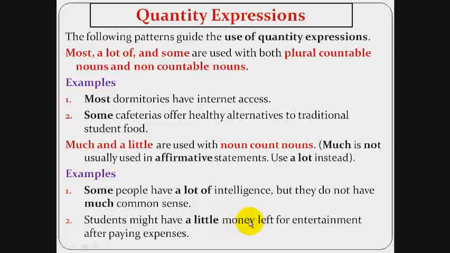So, most, a lot of, and some are used for countable and uncountable plural nouns. Keep them in mind. Then much and a little are used for uncountable nouns. But much is only suitable for negative statements. A little is good for affirmative statements.